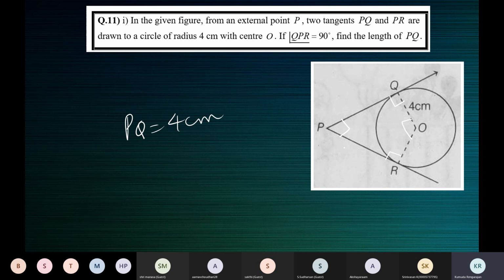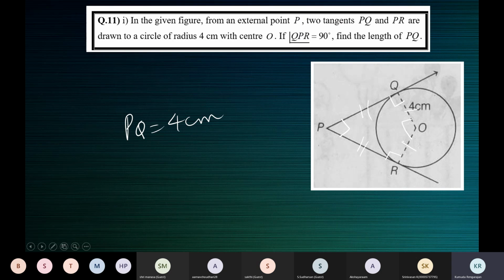The figure does not justify the information given. We'll ignore that. Yes, you're right, Shakti. And we know that OQ is 4 centimeters and OR is also 4 centimeters, ma'am, as it's radius. Correct. And we know that PQ is equal to PR. Okay. And by that we can find that PQ is also 4 centimeters.